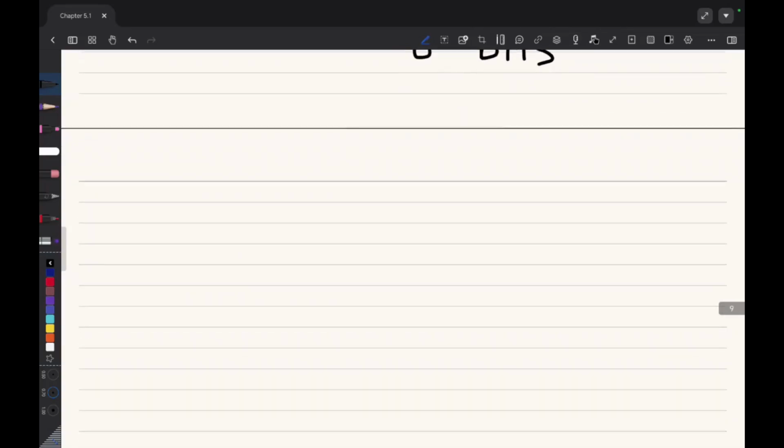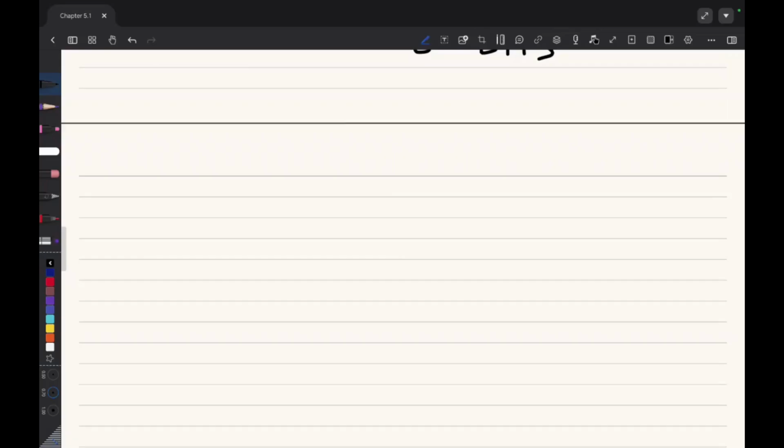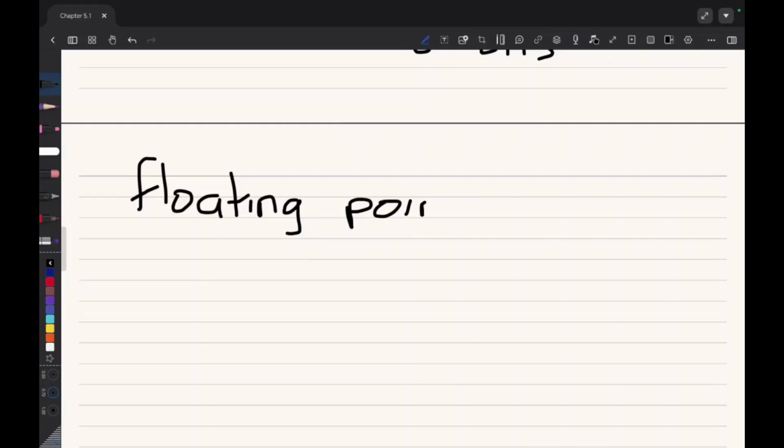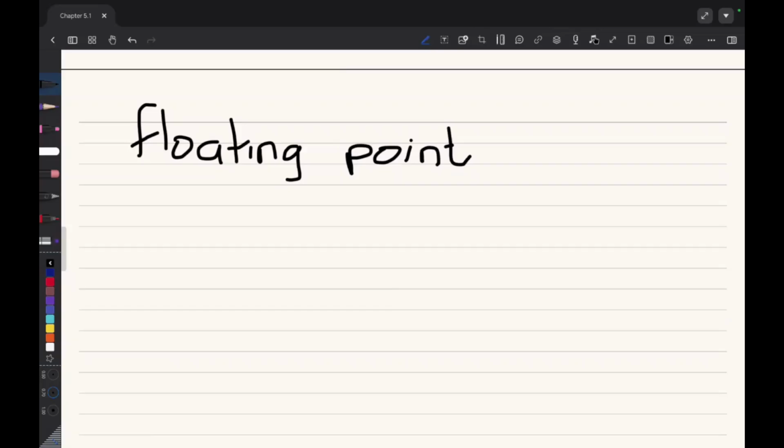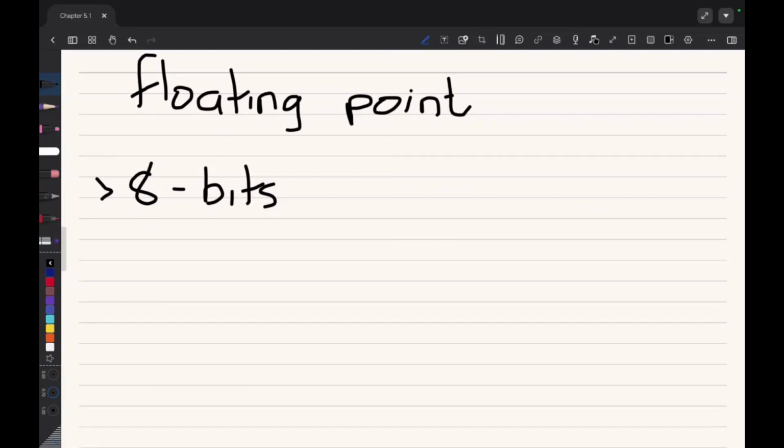Okay. Now let's go to the floating point. Now in the floating point, we're going to use the 8-bit notation, or the 128 excess. We're going to use 8 bits. And then from chapter 1, if you do remember, we had the high order and the low order ends, right?